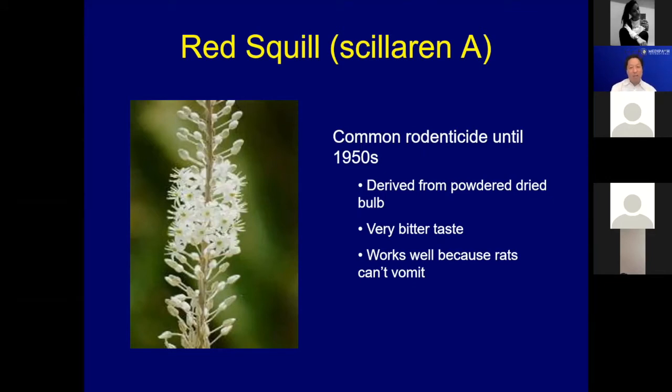So if you and I took a huge cardiac glycoside overdose, one of the first things we would do is vomit uncontrollably. That would basically self-decontaminate us, but rats can't do that. So I guess people thought it'd be safer. If a rat can't vomit, it would die, but if a person took it, they would vomit and probably may not die. But it didn't turn out to be as safe as people thought, so it was taken off the market.